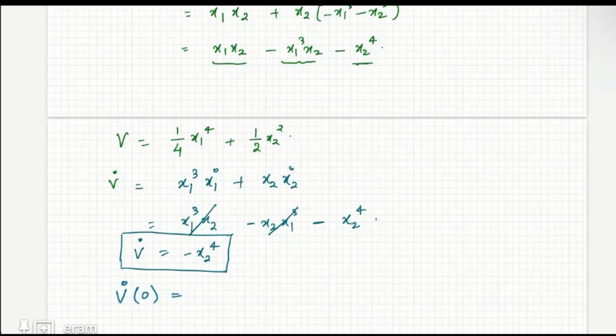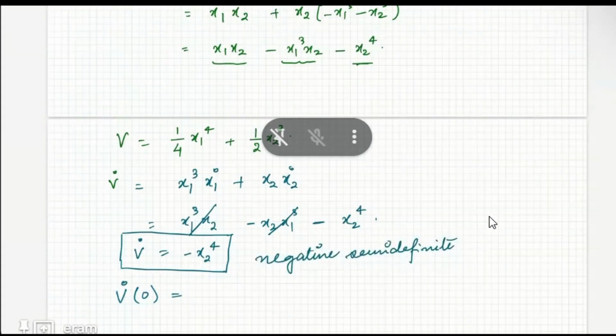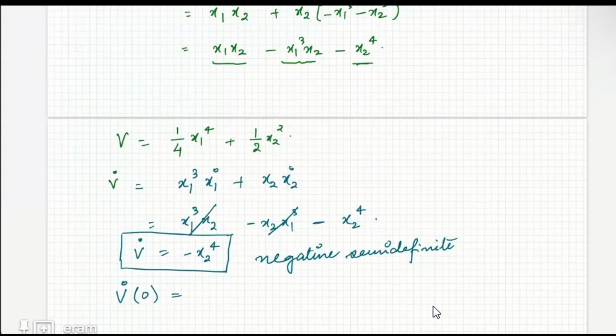It is negative semi definite, and if V dot is negative semi definite, then what can we say about the stability of the system? The system is stable.